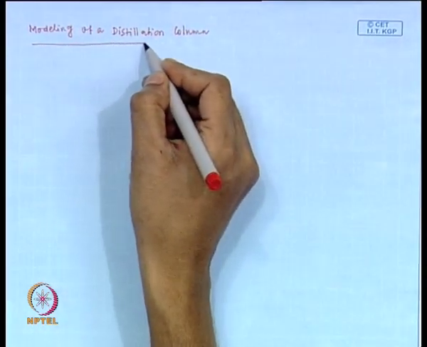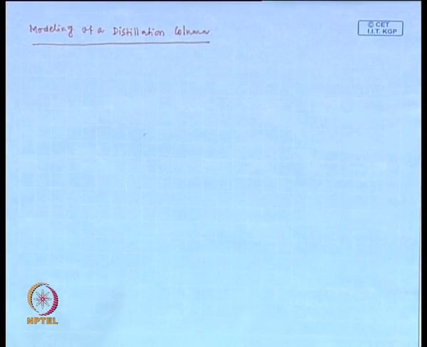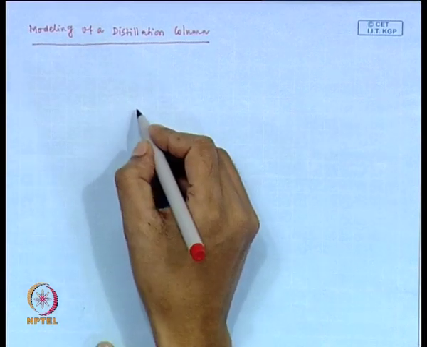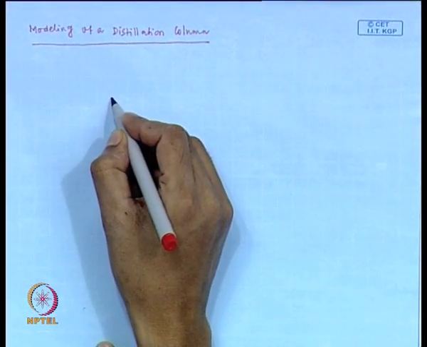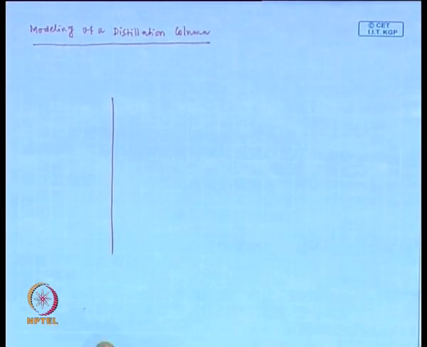Previously we have configured 3 control schemes for a distillation column, but we did not discuss the modeling. So, first the configuration of a distillation column.